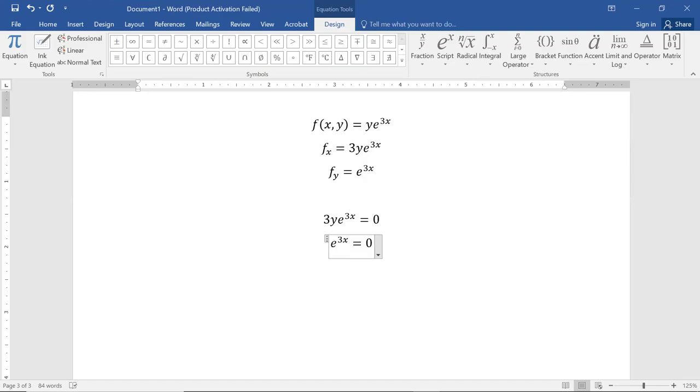Now, here's the trouble with this one. If you have e to a power, unless we're allowing values of infinity, unless we're allowing ourselves to use limits at infinity, we cannot get e to a power to be equal to 0.